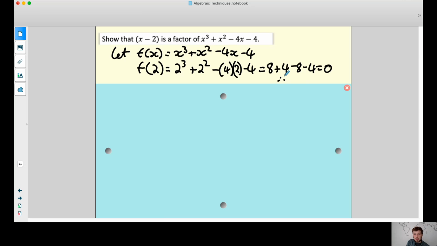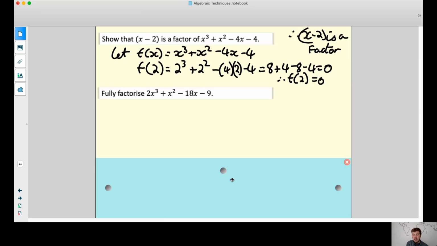So therefore, f of 2 equals 0. So x minus 2 is a factor. Lovely. So that would be one type of question, the generic question that you could get asked, and hopefully you could work that out quite quickly.